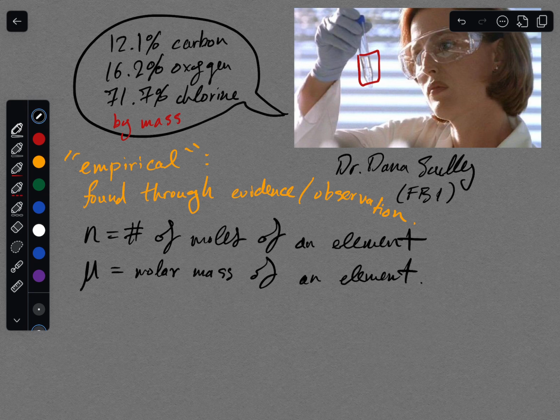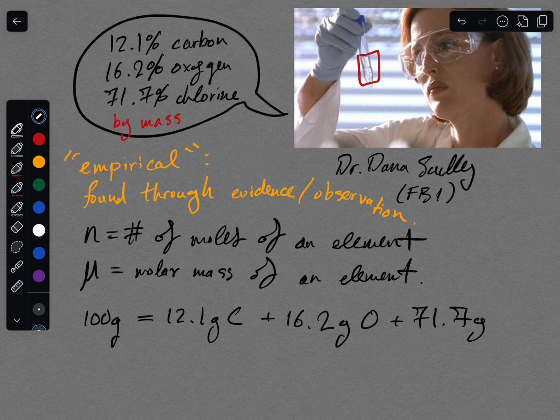Okay, 100 grams total, which would mean 100 grams of the compound would be broken up into 12.1 grams of carbon, 16.2 grams of oxygen, and 71.7 grams of chlorine.